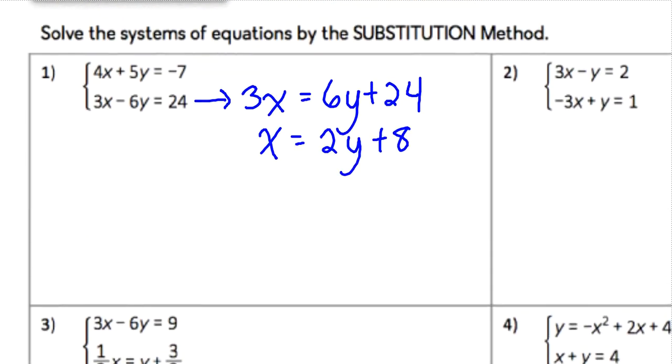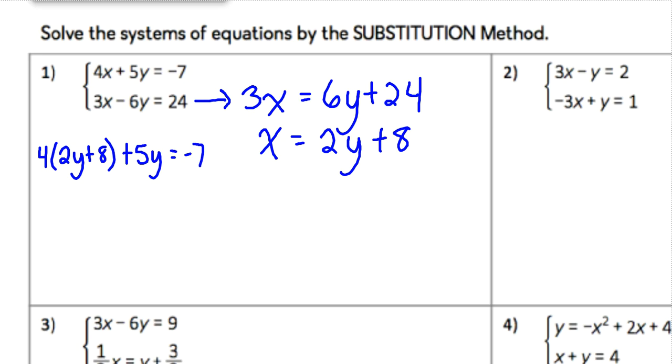Zoom in just a little bit more here so we can see it a little better. So for number 1 here, we've got our variable alone. Now I'm going to substitute that into the opposite equation. So I'm going to do 4 times, and I'm substituting my x that I just found in there, which is 2y plus 8, plus the 5y equals -7.